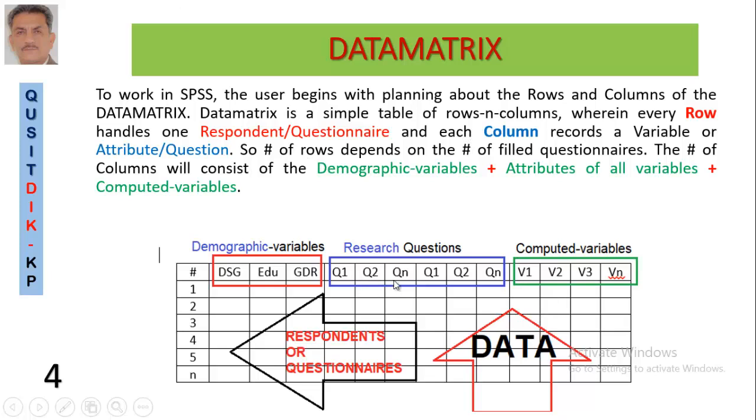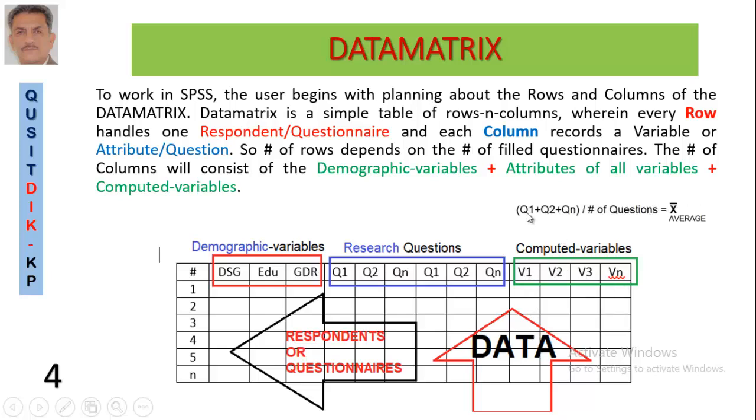At the end, once these questions are posted and the answers related to the variables are posted, then we compute the computed variables. For example, if there are 5 questions about variable 1, self-confidence, then their average will come in this column, variable 1.